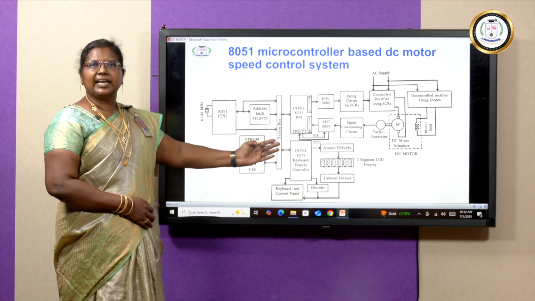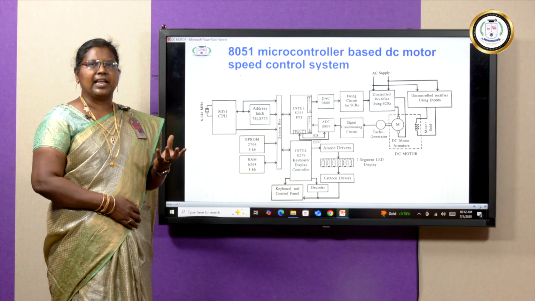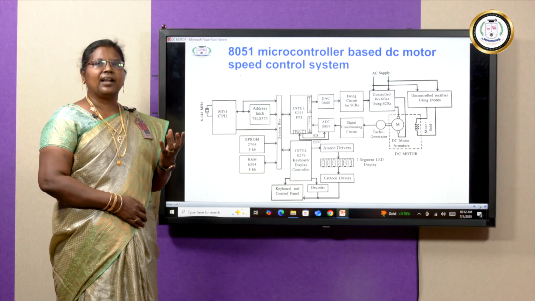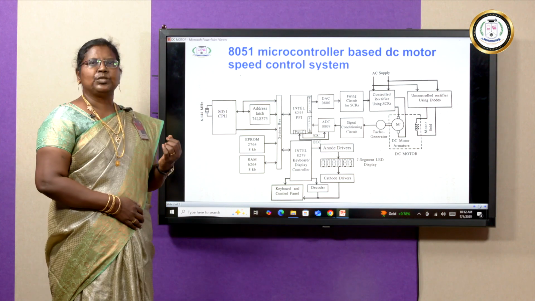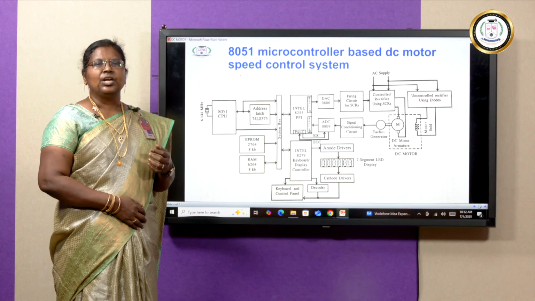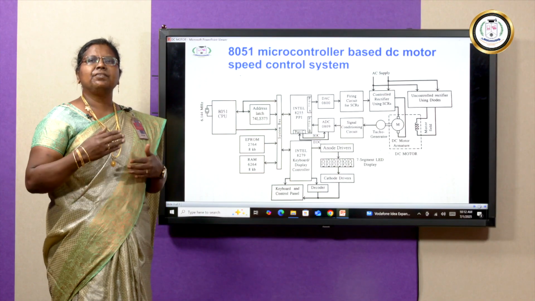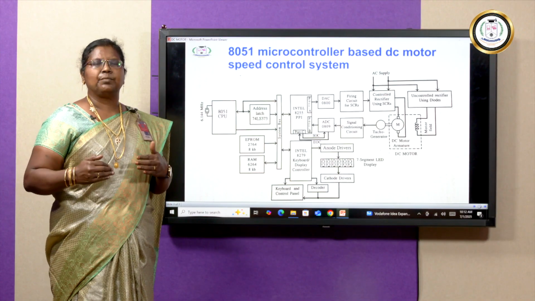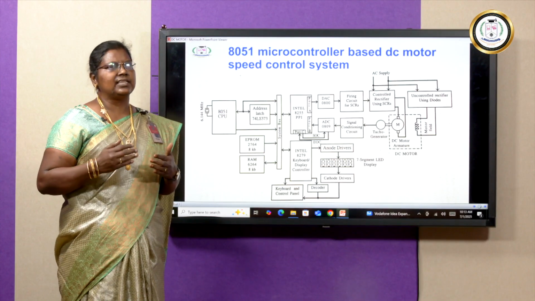The signal conditioning circuit will be amplifying the signal. That amplified analog signal will be given to an analog to digital converter. The analog to digital converter converts the analog signal to digital, because the microcontroller can only process digital data.